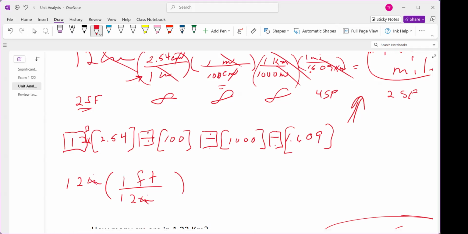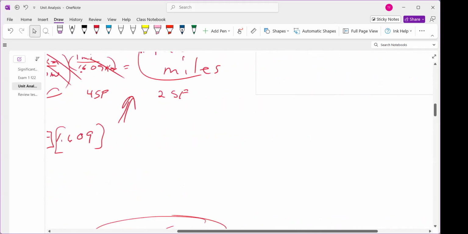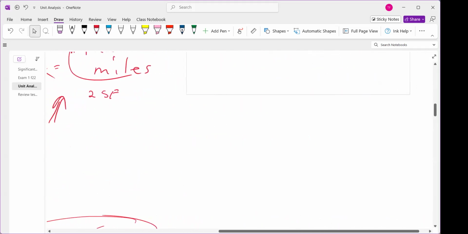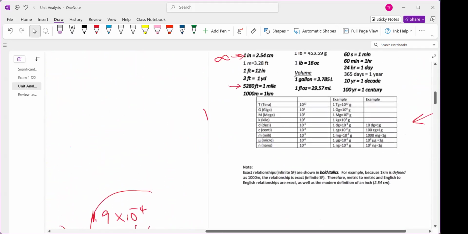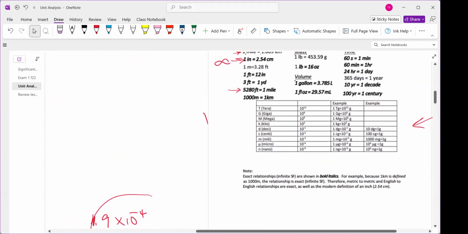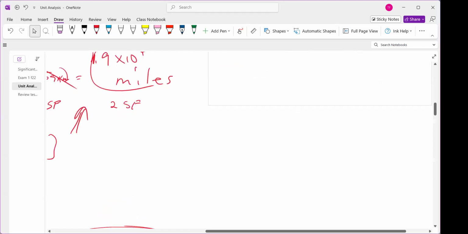Now we need to go to what? Is there a conversion factor feet to miles? Yes, there is. Okay, right here. And notice boldface. That means it's infinite sig figs. Okay, 5280.